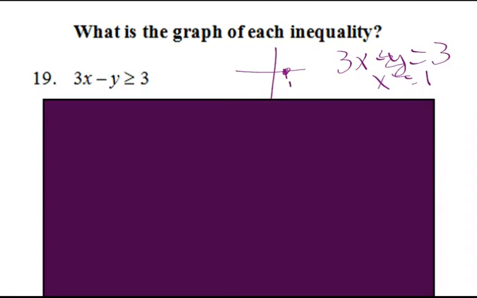Now to get your y-intercept, you're going to turn x to 0, so that goes to 0, and you get negative y equals 3. Well, divide both sides by negative 1, and you get y equals negative 3. So my y-intercept is negative 3. Now I can draw my line, right? And what are they saying?